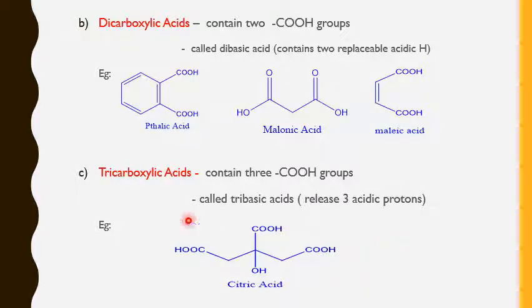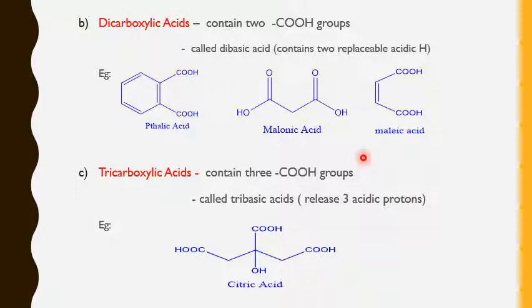And we have gone through the importance of these carboxylic acids, and then we have seen the classification of carboxylic acids. The classification is based on two types. One is based on the R part, the other is based on the COOH part. Based on the nature of the hydrocarbon part, if it is aromatic, then it is called an aromatic carboxylic acid.